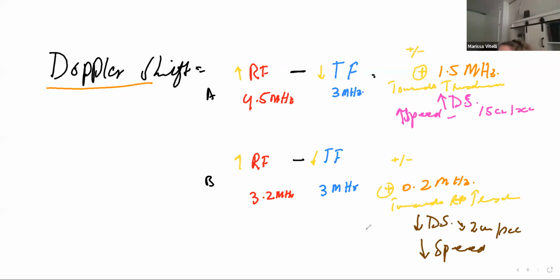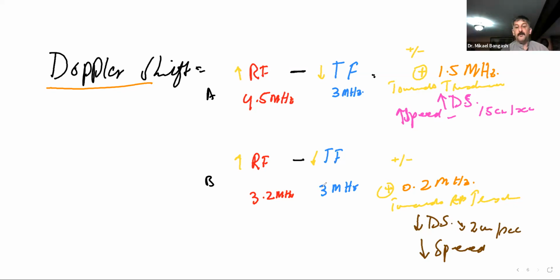Yes. Okay, so pretty much, with the help of whether you have a greater difference or a lower difference between the two frequencies, the system will be able to determine whether this red blood cell is zooming fast towards us, or even away from us, or is it traveling slow?